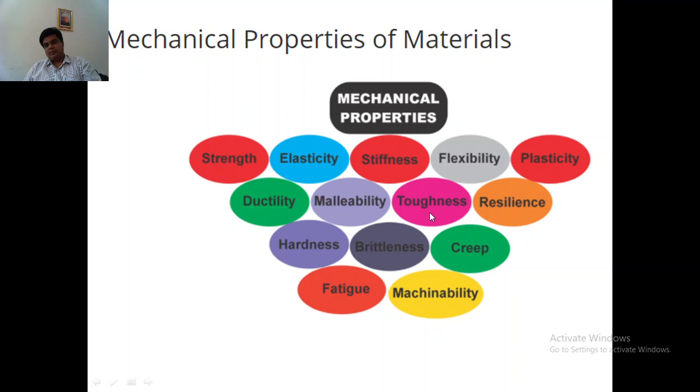And toughness is how much energy the metal absorbs, or how much force is needed for the material to undergo plastic deformation. All these concepts you will be learning in different courses in higher semesters.